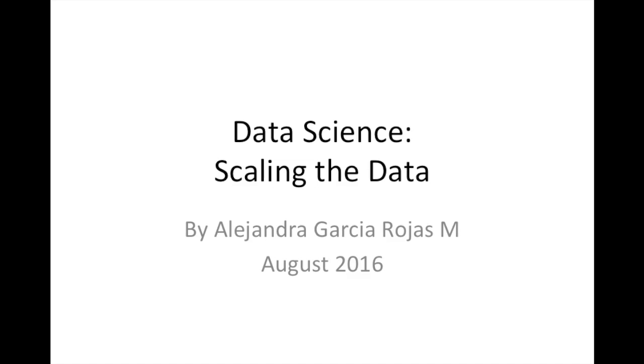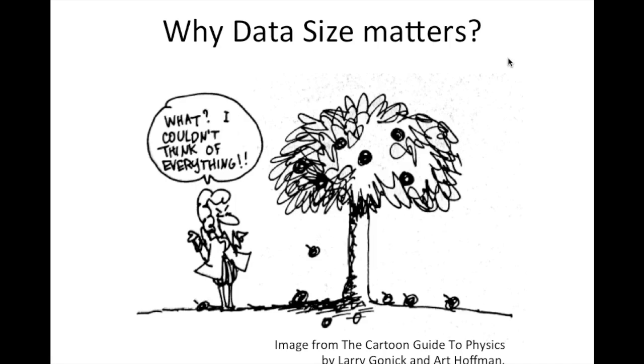In this video, I will present basic concepts of big data and how to use existing tools to perform data science tasks. The prediction of natural phenomena can be achieved with good small datasets and elegant mathematical formulas.